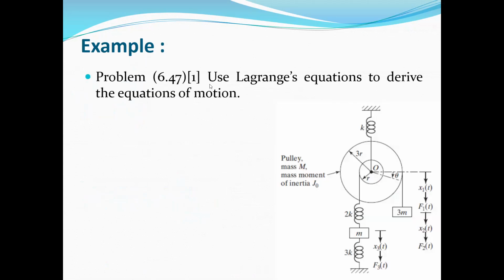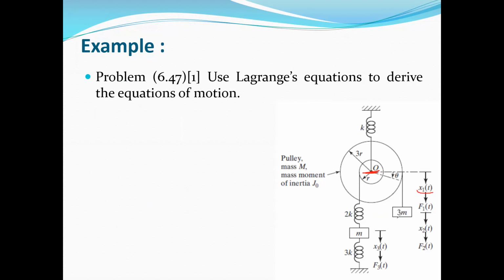Okay, in the next example, we want to use the Lagrange equations to derive the equation of motion for this system. How many degrees of freedom do we have here? Can you tell me? We have a pulley which is connected to a spring, so it can move. The mass center of this pulley can move with a degree of freedom x1.